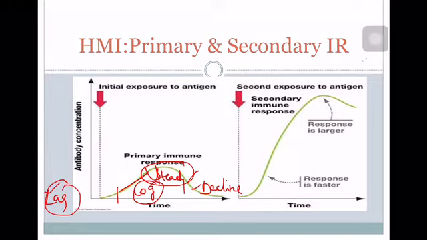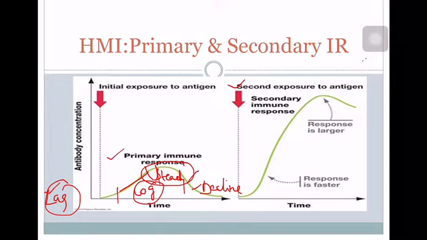So, these 4 types of phases are observed in the primary immune response. What does the primary immune response mean? The antibody response to an antigen for the first time is called a primary immune response. In this response, these 4 types of phases will be observed.